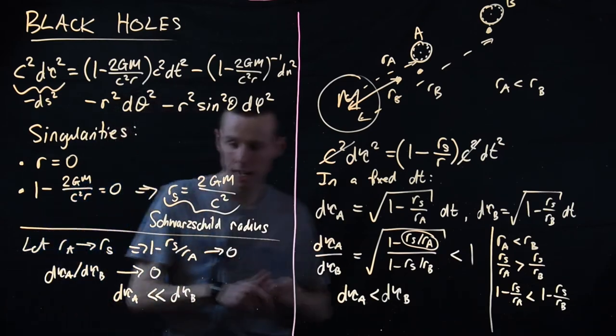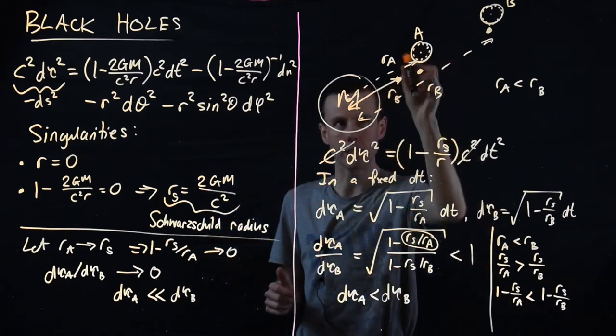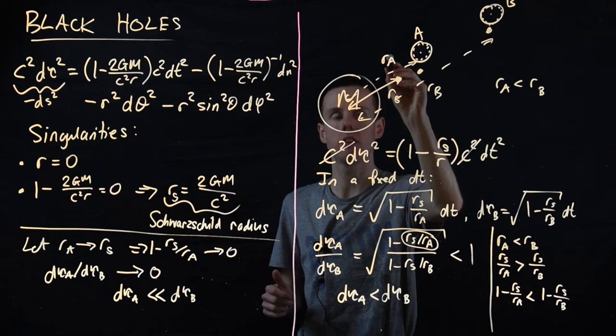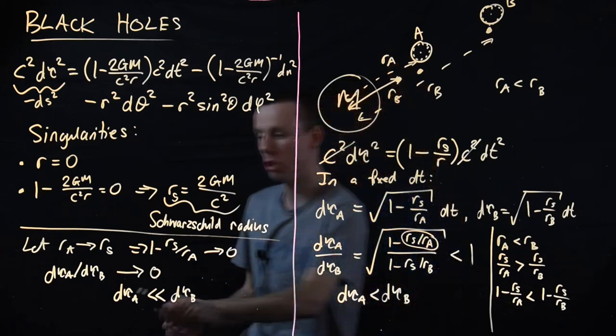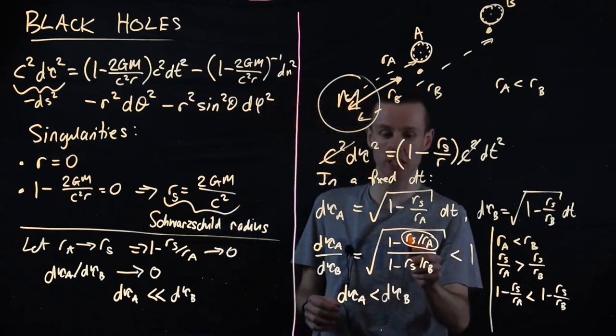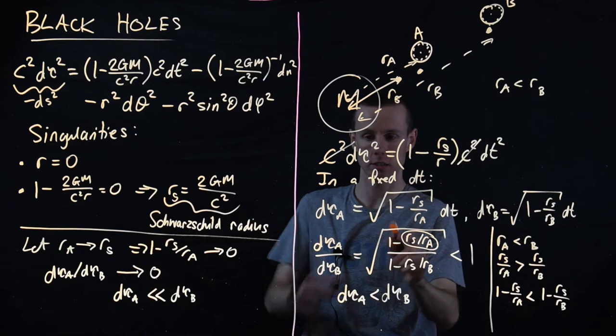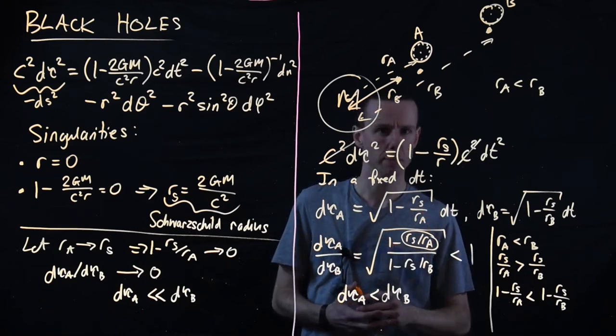And in fact, if you really were to let clock A go all the way down to exactly RA equals RS, right at the Schwarzschild radius, then d tau A would be 0. If you just put RS exactly equal to RA there, you get d tau A equals 0. What does that mean?